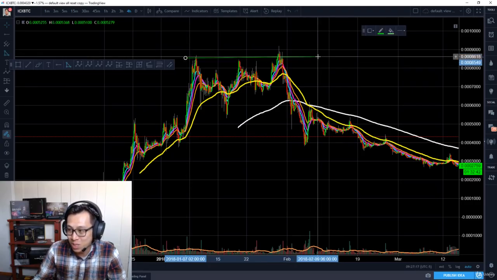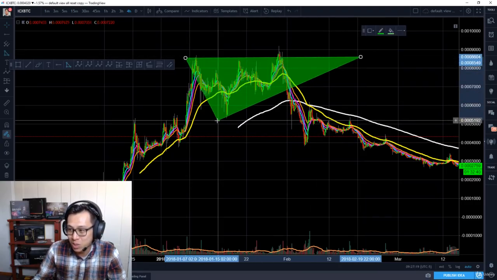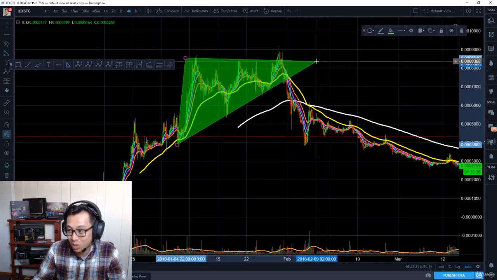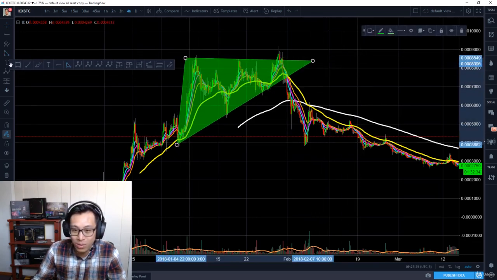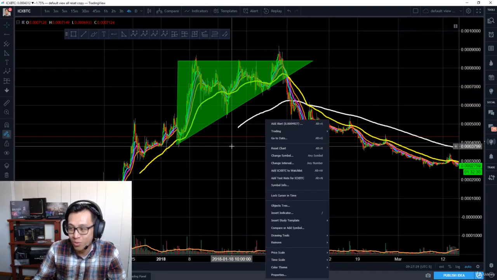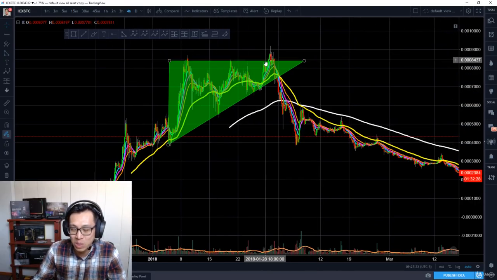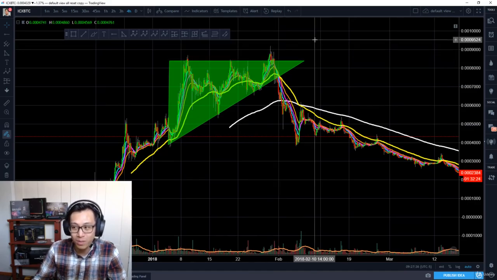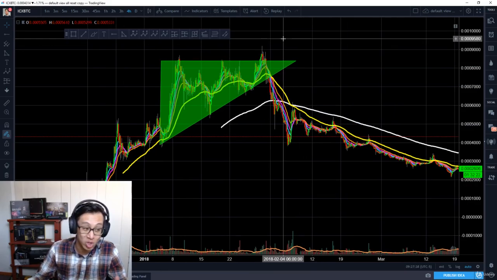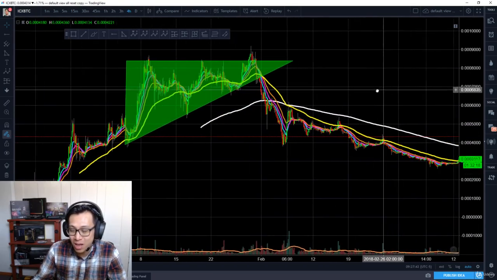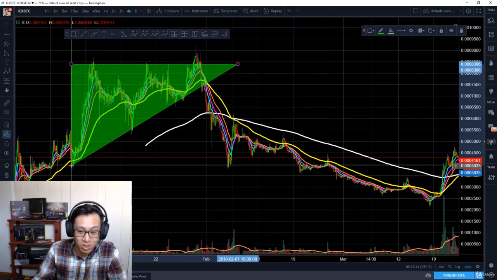This is an ascending triangle that simply failed to materialize and it wasn't a good trade at all. Remember how in the past few videos I've been talking about throwovers? Throwovers happen when the bulls push it up just a little bit, but everybody ends up getting trapped instead, and there's simply no way to recover from it.